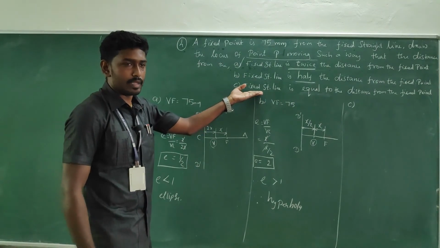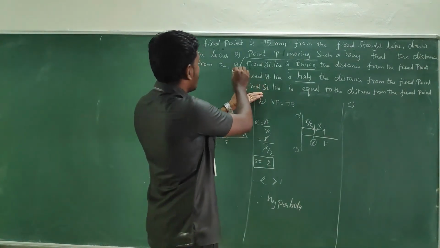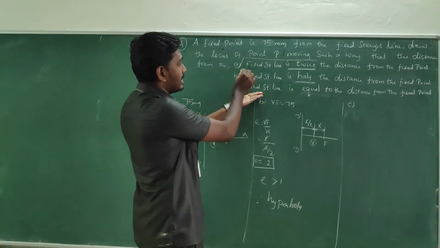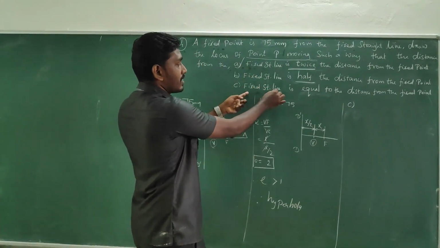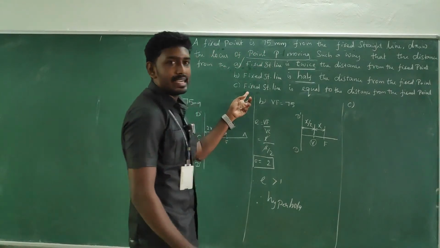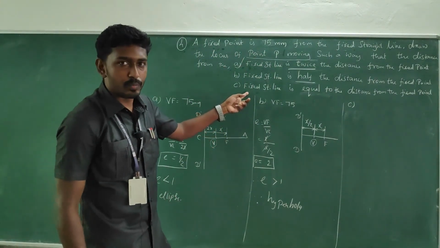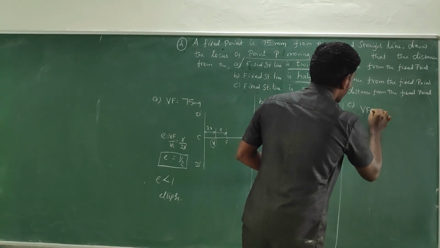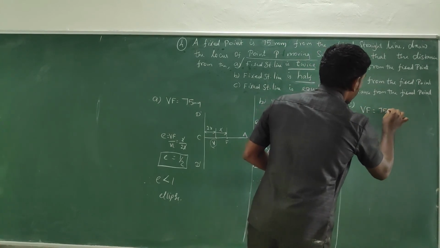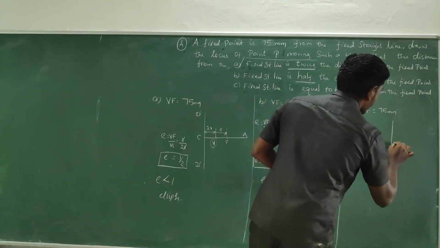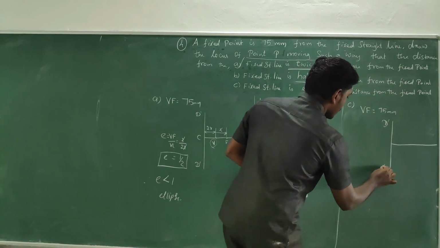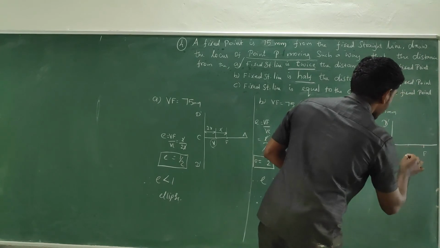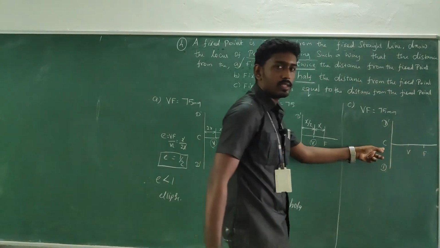Third condition, it is easy. The moving point is moving in such a way that the distance from the fixed straight line is equal to the distance from the fixed point, right? So here as well Vf is 75 mm, and if you take the construction basic terminology line, this would be the case.